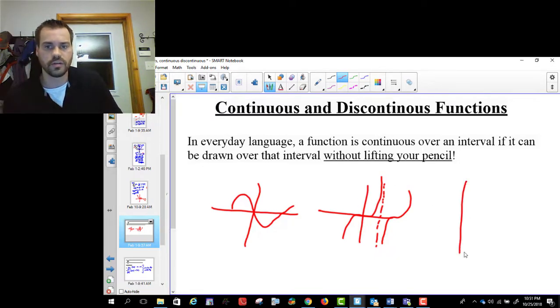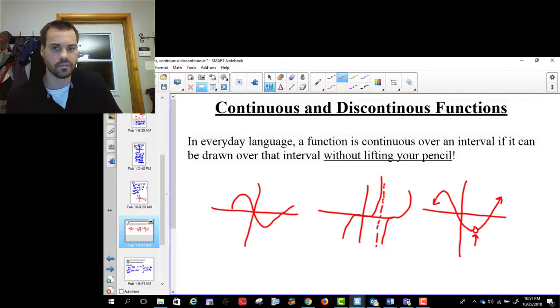Another example is if you have a point of discontinuity. You guys are used to rational functions. If I was drawing and I just said, my curve looks like this, and then right here there's just a point of discontinuity, and then it just keeps going up. So if that happens, I can't draw that without lifting my pencil. Now technically I can, because I can come along here, go around the circle, back, and go up.